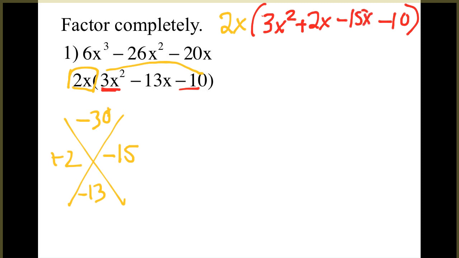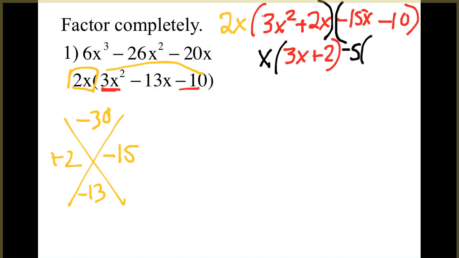I'm going to factor by grouping. And now I can divide out of the first binomial an x term. And so what I am left with is 3x plus 2. And in the second one, I'm going to divide out a negative 5.